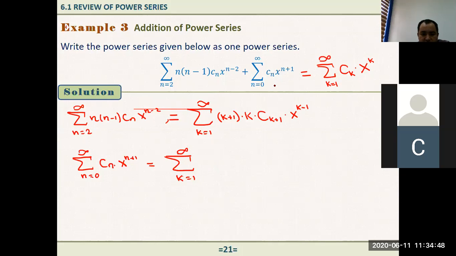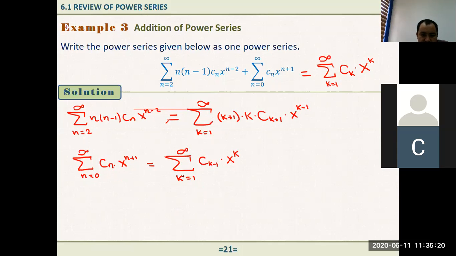So here we have c sub n. When it is 0, it is equal to 0, right? But now, when k equals 1, if we want this to be 0, this should be k minus 1, right? And here 1 is equal to 0, it's equal to 1. So here we have x to the power k, right? The first term is, when k equals 1, c sub 0, x, right?